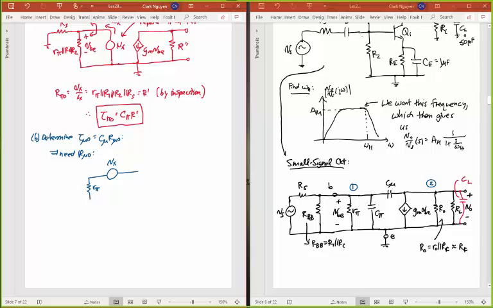I've got VBE across that R. Well, let me combine that R pi with some of these other resistors that I see in this direction. But let me now combine it with RS so I can explicitly show that RS, the voltage source Vs from RS, I'm grounding, right? So voltage sources go to ground. And then all of this stuff here ends up being, I can call it RBB, but I'll just write it out as my R pi parallel R1 parallel R2.